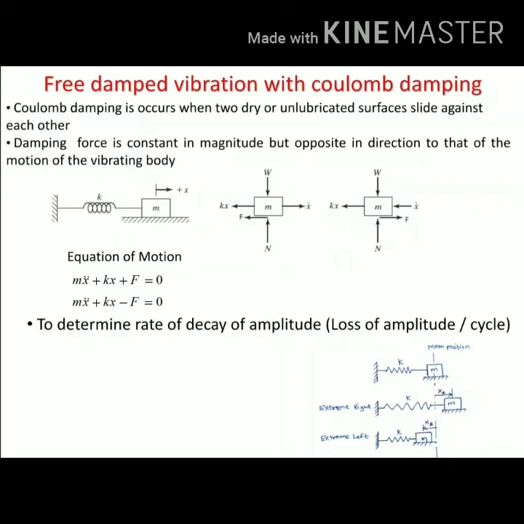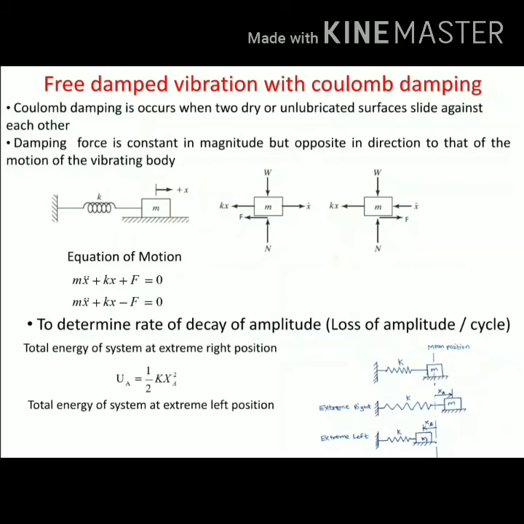So xb is less than xa. The total energy of the system at the extreme right position we can write UA is equal to half k xa squared, where xa is the amplitude of vibration at the right extreme position. Total energy of the system at the extreme left position, UB is equal to half k xb squared, where xb is the amplitude of vibration at the left extreme position.